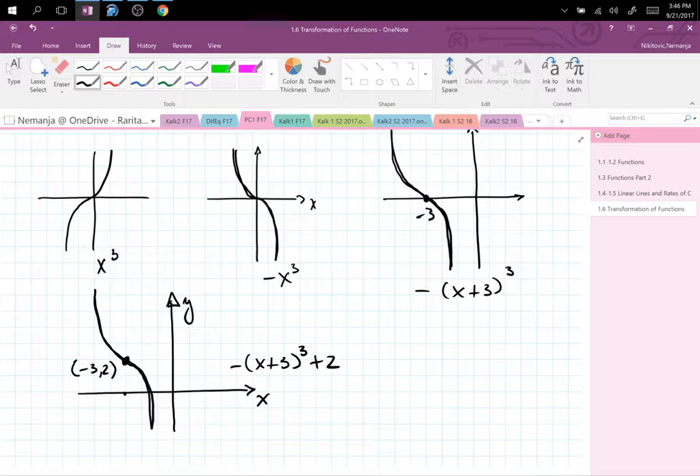So now, to recap the entire section, we have 6 transformations. We have the shift, horizontal and vertical. We have reflections, one on x and one on y.